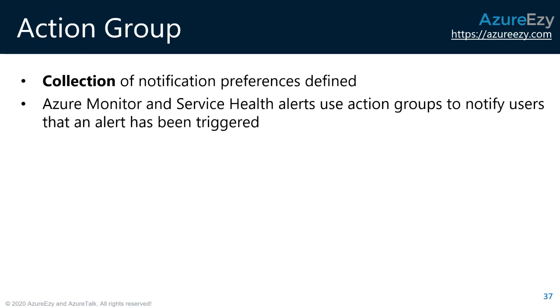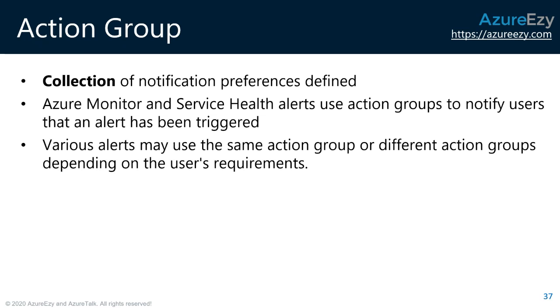Azure Monitor and Service Health, both services use action groups to notify the admin whenever any alert is triggered. Now, when you create an action group, you can use the same action group for multiple requirements as well.